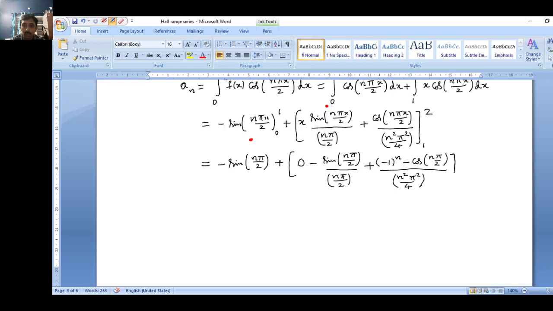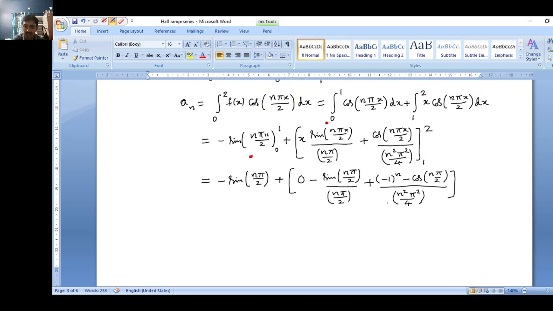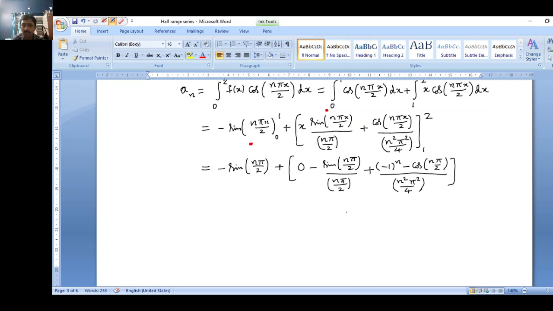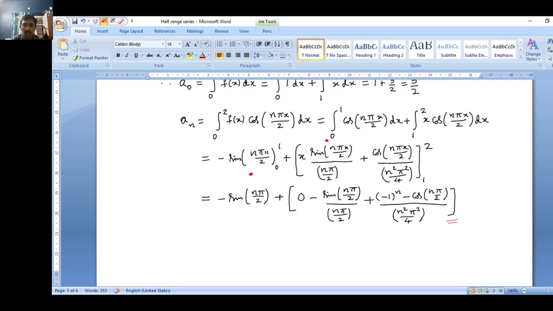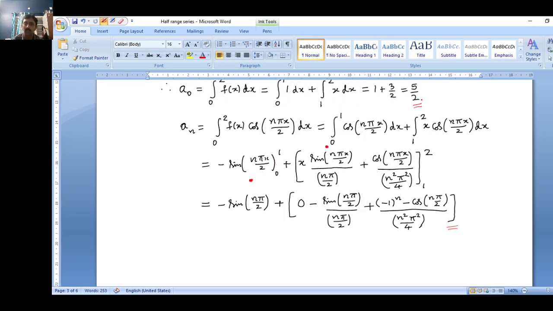So this will be the expression for a_n. Of course, you can simplify this a little further if time permits. Otherwise, you can just leave the expression for a_n as it is. And we've already got a naught to be 5 by 2, as you can see here.